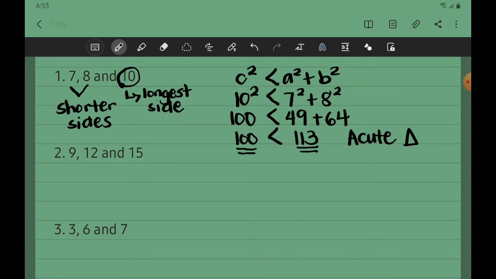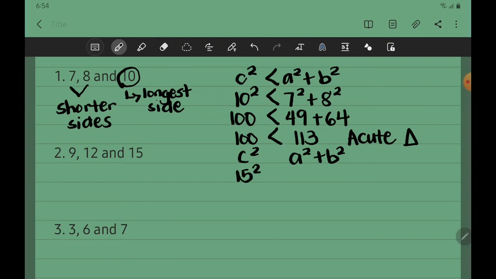Now, let us have number 2. We have 9, 12, and 15. So, obviously, again, the biggest number is our longest side. So, again, we have here c squared, a squared plus b squared. The c is our representation of the longest side. So, we just replace c with 15.